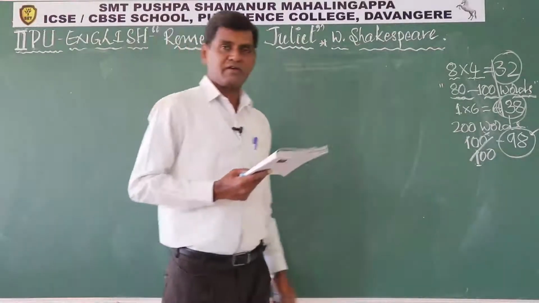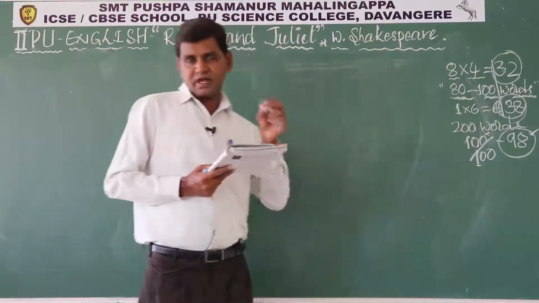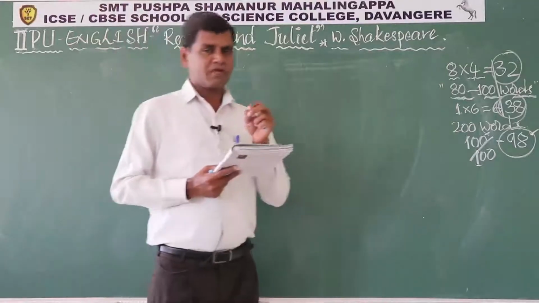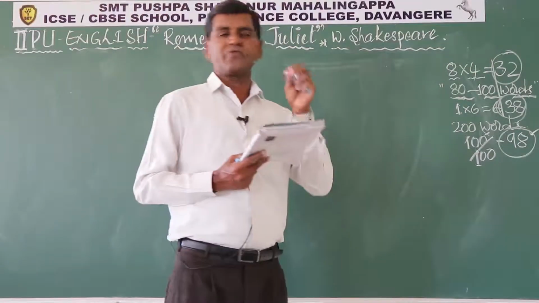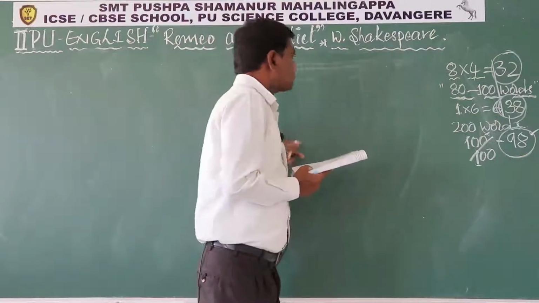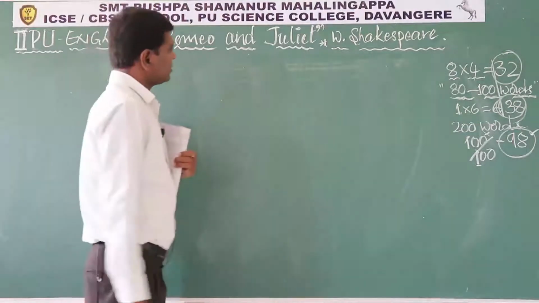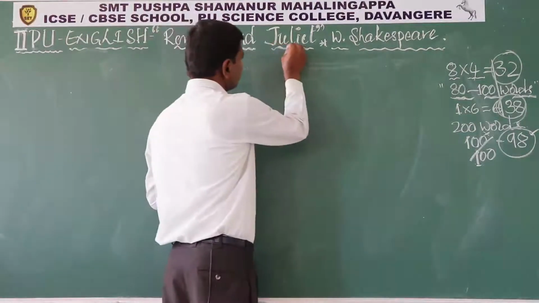See, these are the emotions, the very warm feelings of Romeo expressed towards the beauty of the young and beautiful girl called Juliet here.